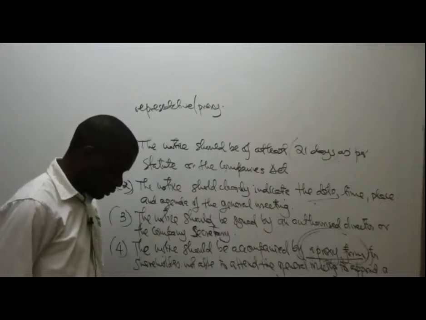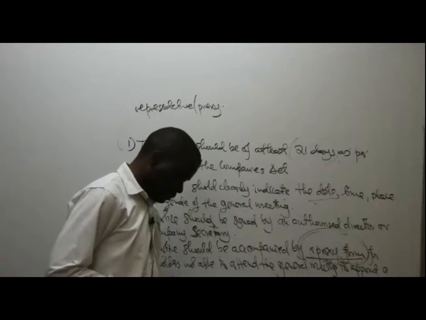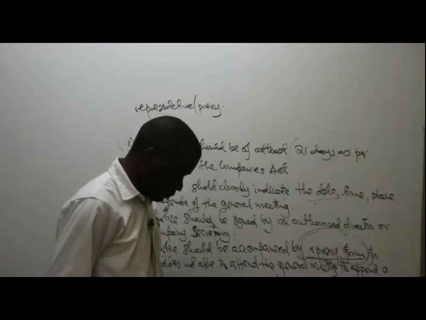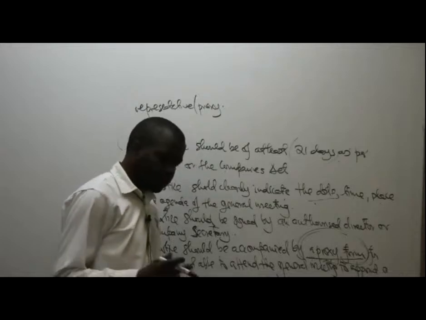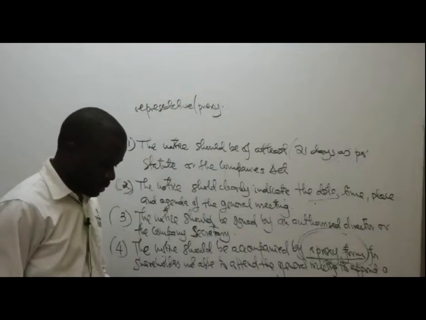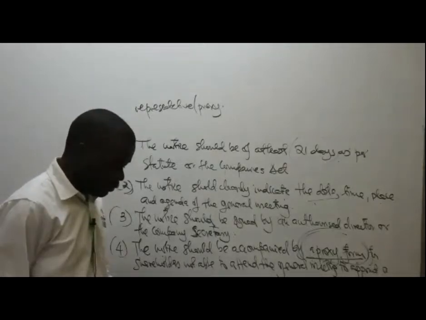Yes, you have a question. You can ask. Just be audible. Can the 15% petition for objection for variation of class rights? Yes, they can petition for variation of class rights.